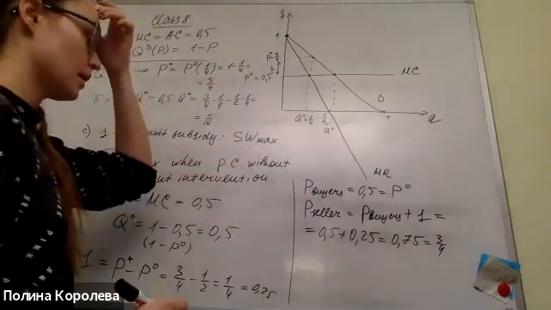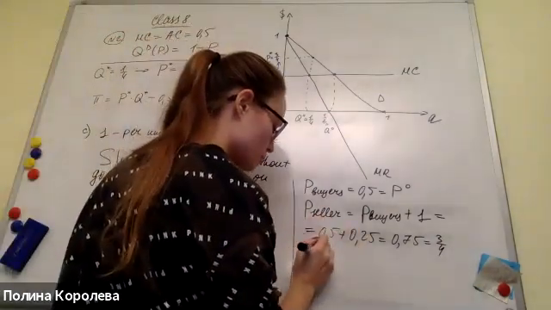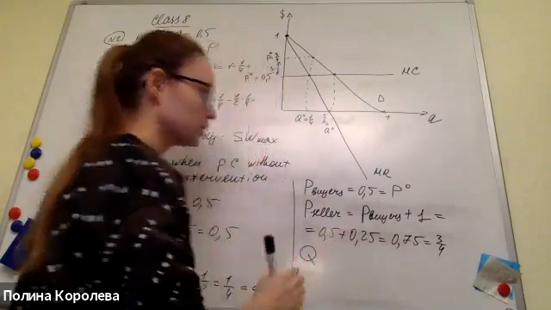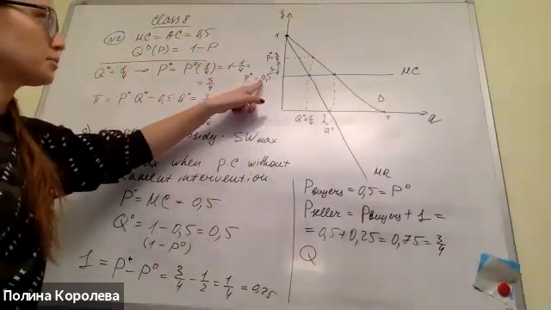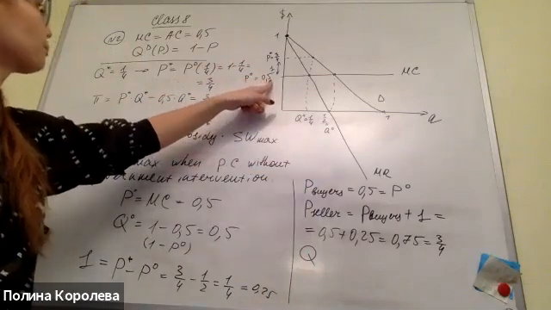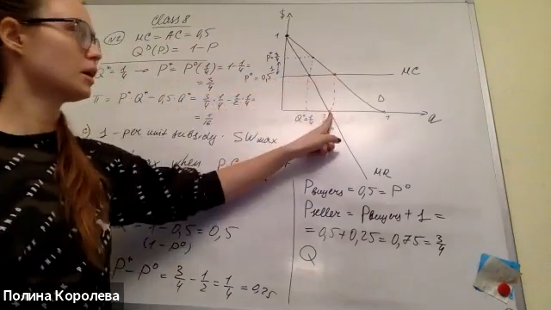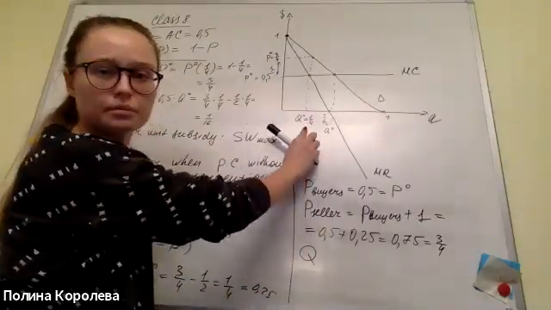So now, how much will our monopolist sell? For this price 0.5, buyers will buy how much? 1/2, 0.5. So the monopolist will sell more than before.